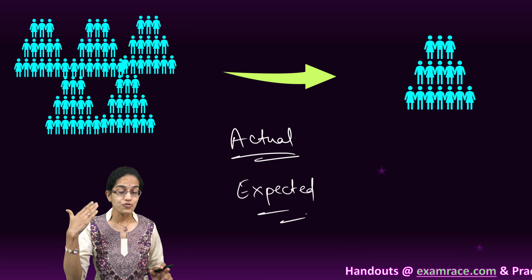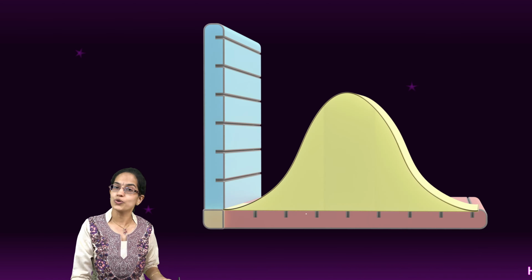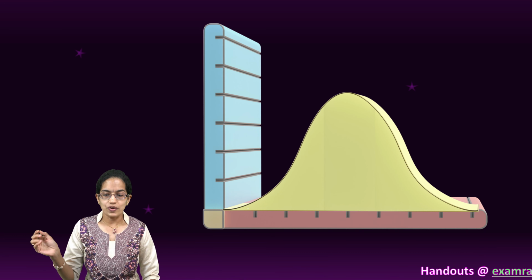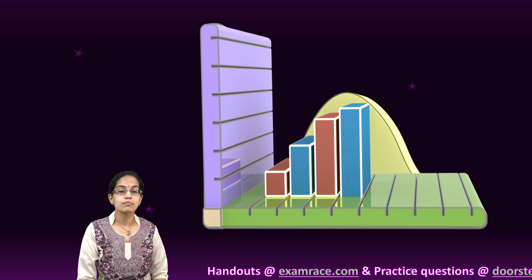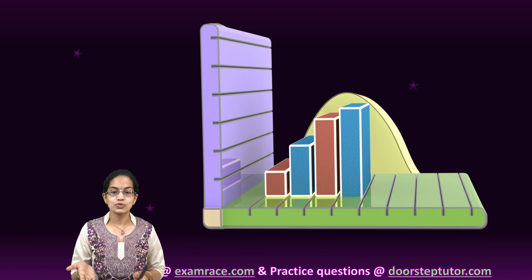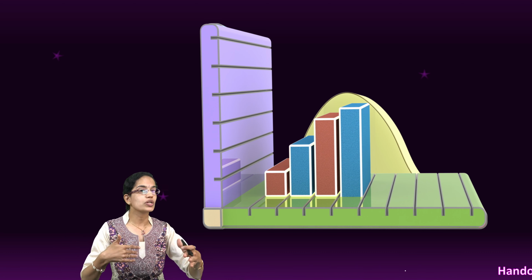Now when you are comparing an actual value and an expected value, what do you think would be the result? So when I have a normal probability curve which I am drawing based on the expected values, and then I am plotting the actual values, there is a comparison, the difference between the actual and the theoretical values, and that is where you require the test for normality.